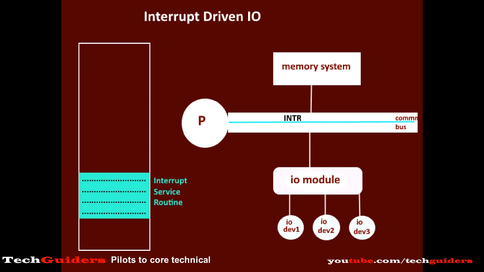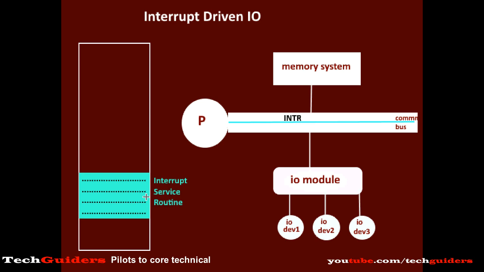The action to be taken by the processor when an interrupt is generated by an I/O device, or the routine to be executed by the processor in response to an interrupt signal from an I/O device, is called the interrupt service routine. So, for an interrupt from an I/O device, there will be a corresponding interrupt service routine to be executed by the processor. Actually, things are more complex. There will be many I/O devices and different interrupt service routines corresponding to them.